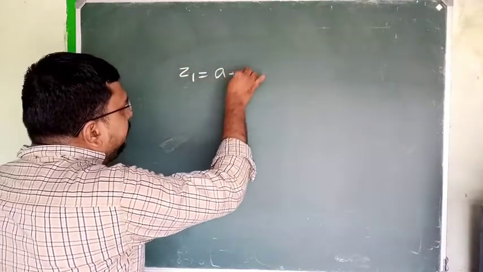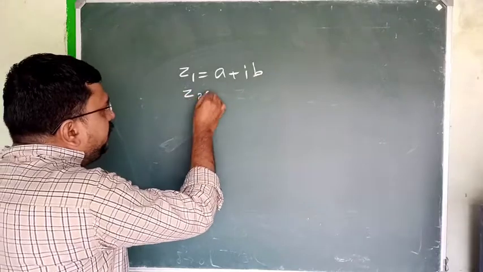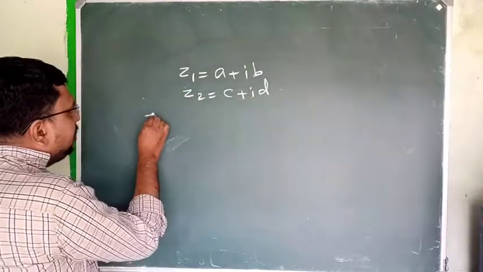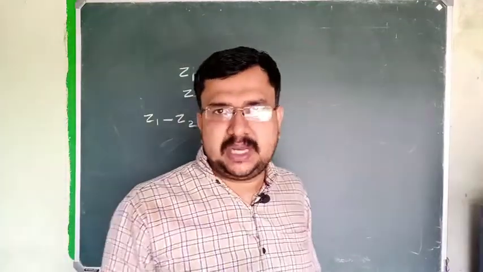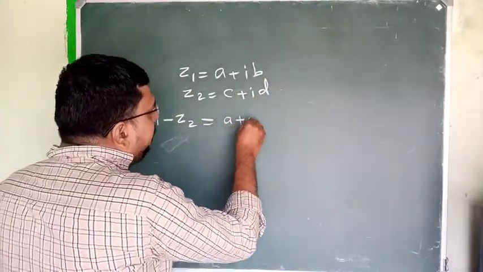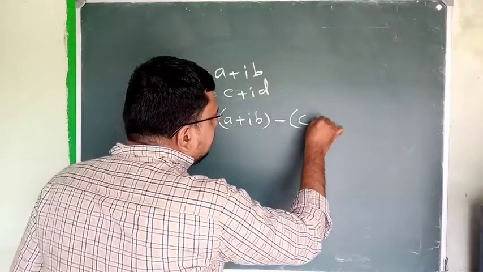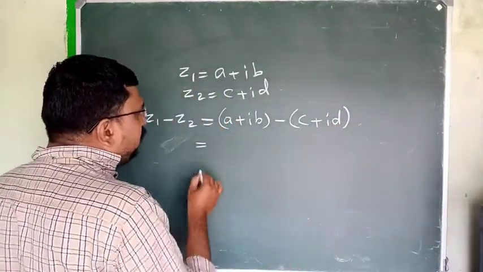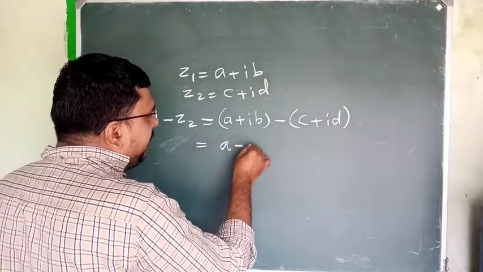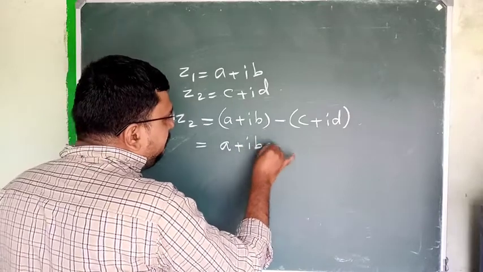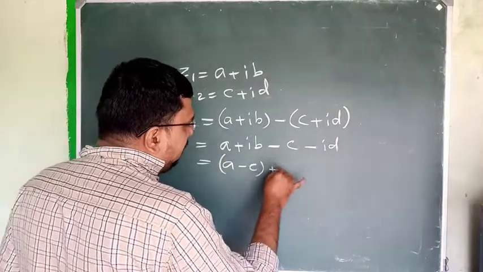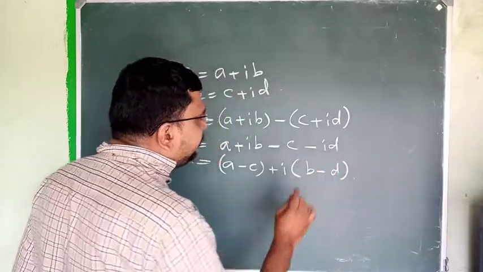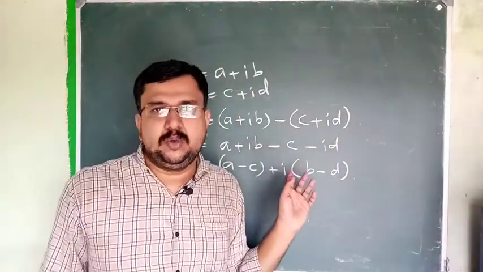For example, if z1 equal to a plus ib, z2 equal to c plus id, then z1 minus z2, that is the difference between two complex numbers, is equal to a plus ib minus c plus id, that is equal to a plus ib minus c minus id, that is equal to a minus c plus i into b minus d. Okay, this is the difference between two complex numbers.